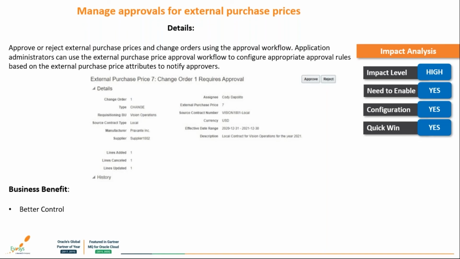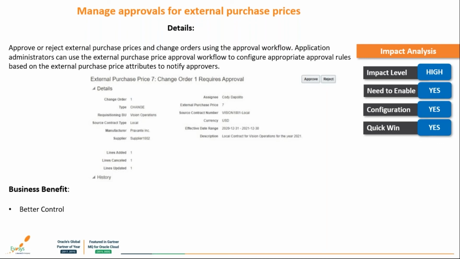Using the approval workflow, approve or reject external purchase prices and change orders. The external purchase price approval workflow allows application administrator to specify suitable approval criteria based on external purchase price attribute to alert approvers.